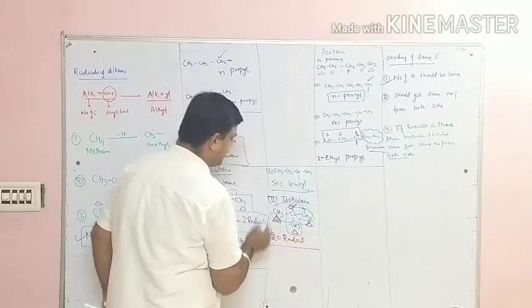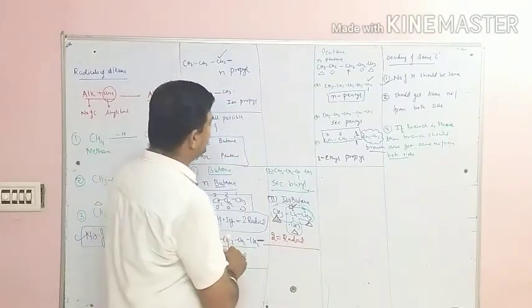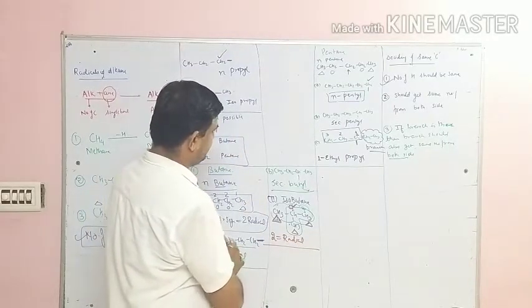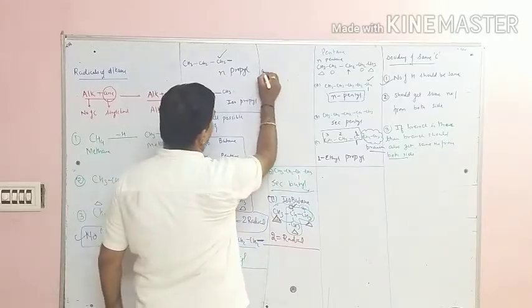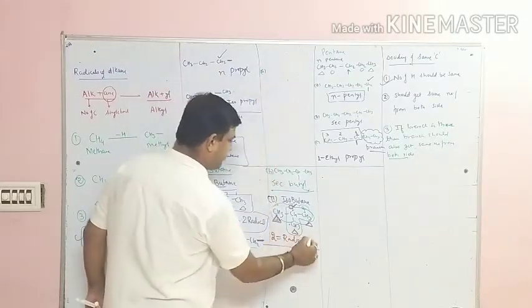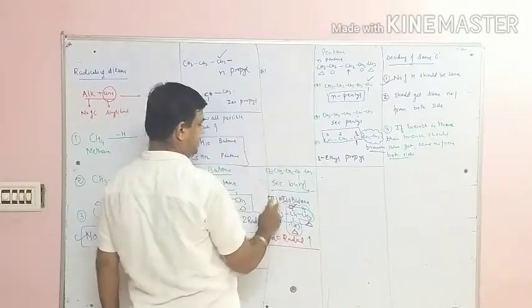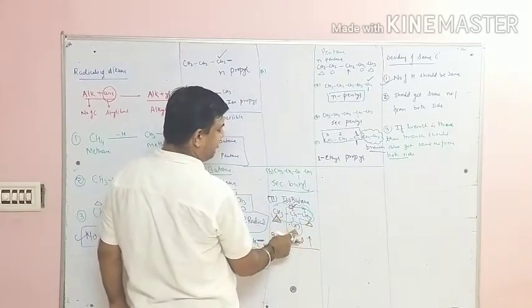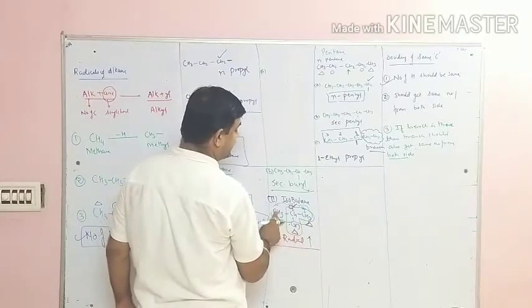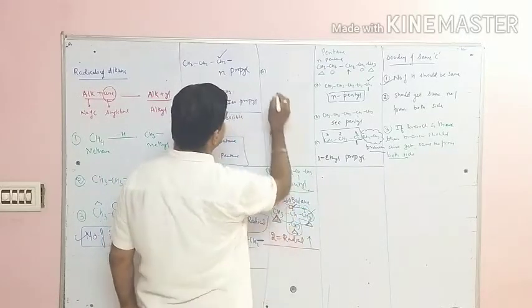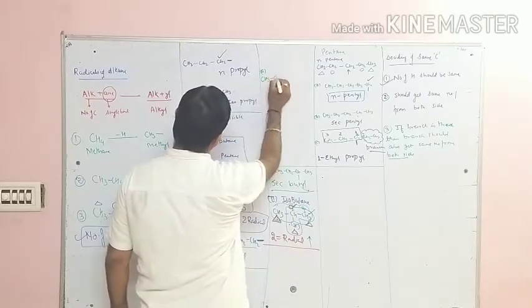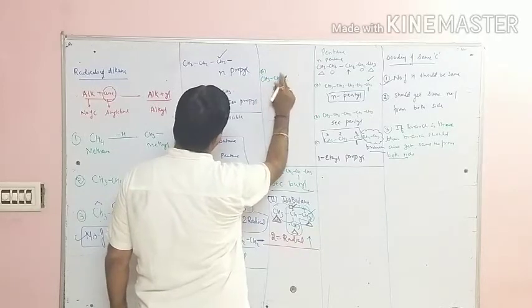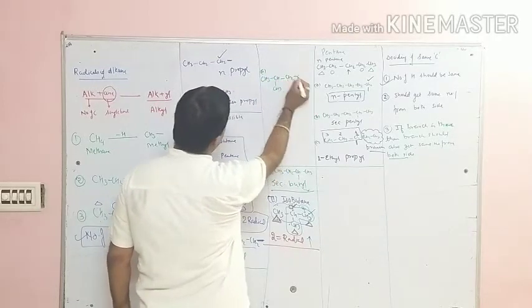This is clear. If I draw the 2 radicals, I am giving arrow, I am drawing there. So, isobutane is there. First, out of these 3, we can vacate the valency from any one of these 3 carbon. I would prefer this. What is the name? CH3, CH2, CH3, CH2. This is valency free.